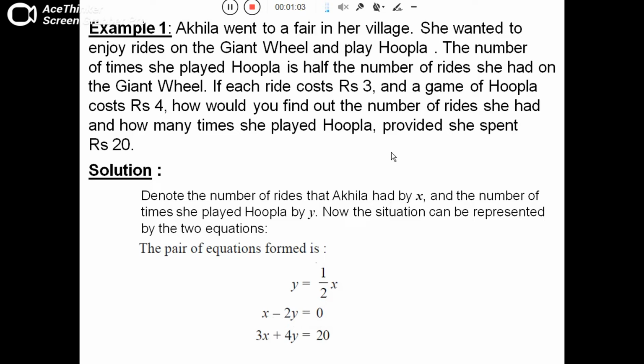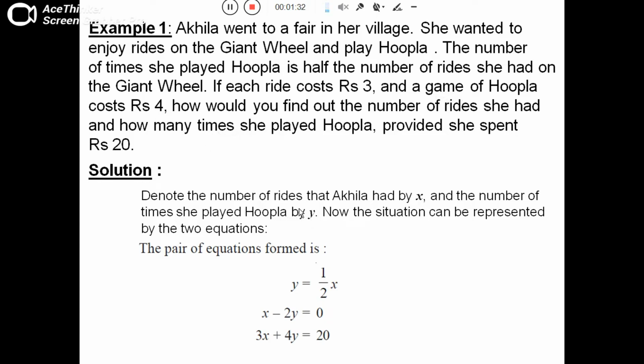The second condition: each ride costs 3 rupees and she had taken x rides, so the total cost is 3x. Each game played costs 4 rupees, and the number of games played is y, so the total cost is 4y.